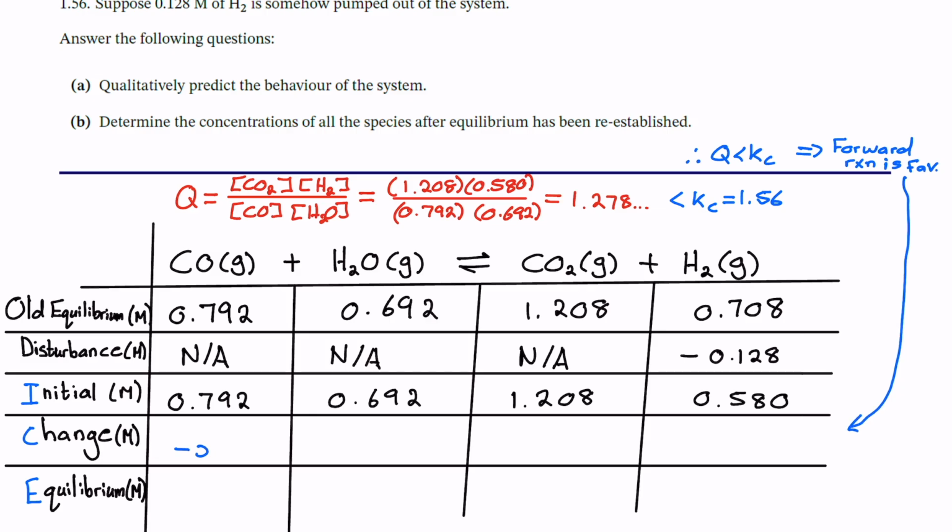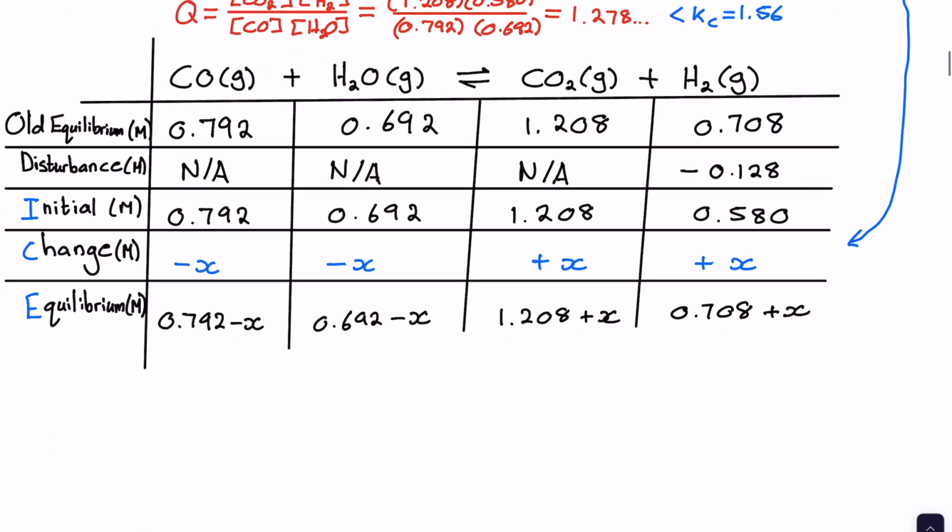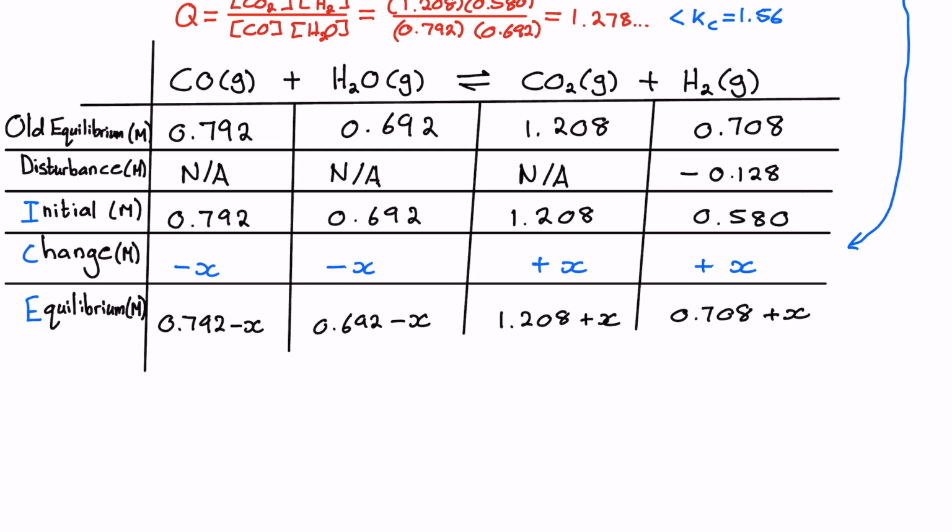So our reactants need to decrease in concentration and our products need to increase in concentration to reach equilibrium. So that is 0.792 minus x, 0.692 minus x, 1.208 plus x, 0.580 plus x. Alright, so that's our concentrations.